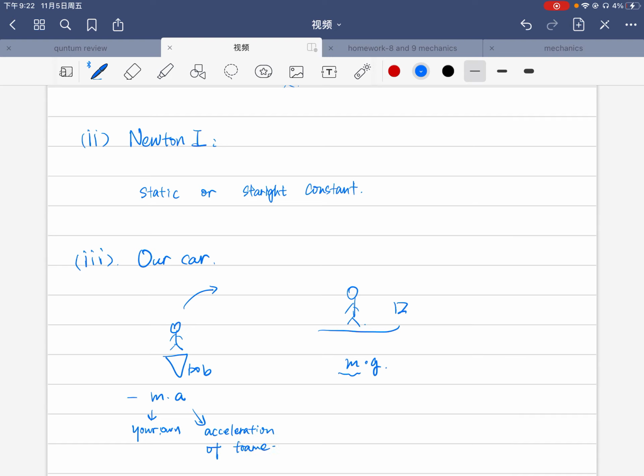So it'll be minus m a. So here is our inertial force. Okay, it is determined by the intrinsic feature of the frame you chose. So every object in this frame will be imposed with this force.